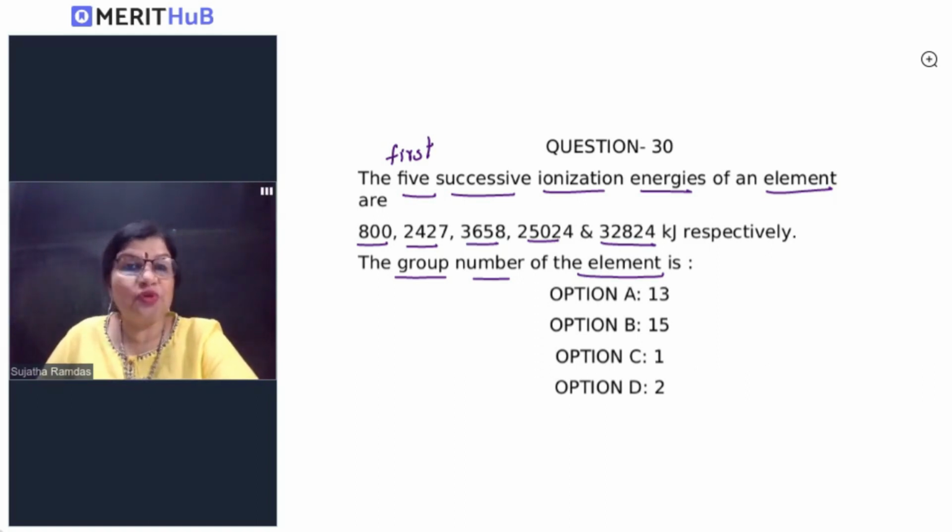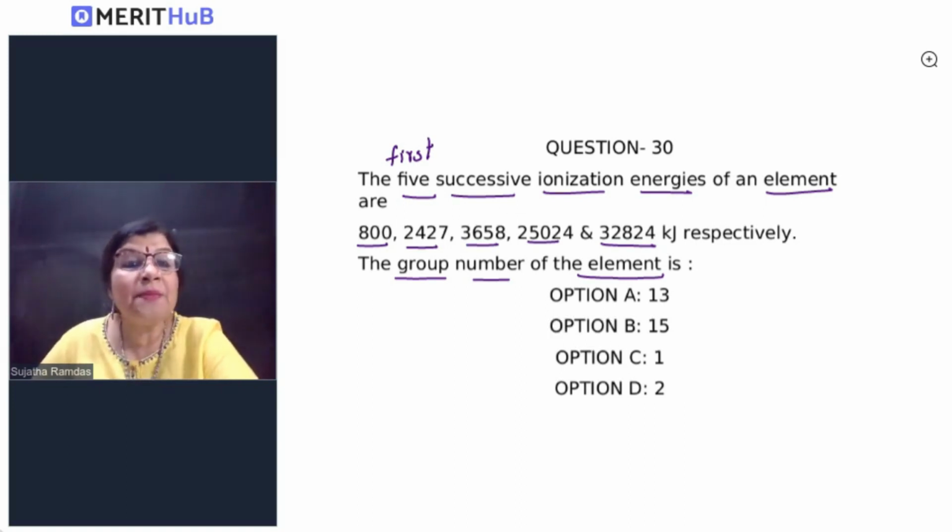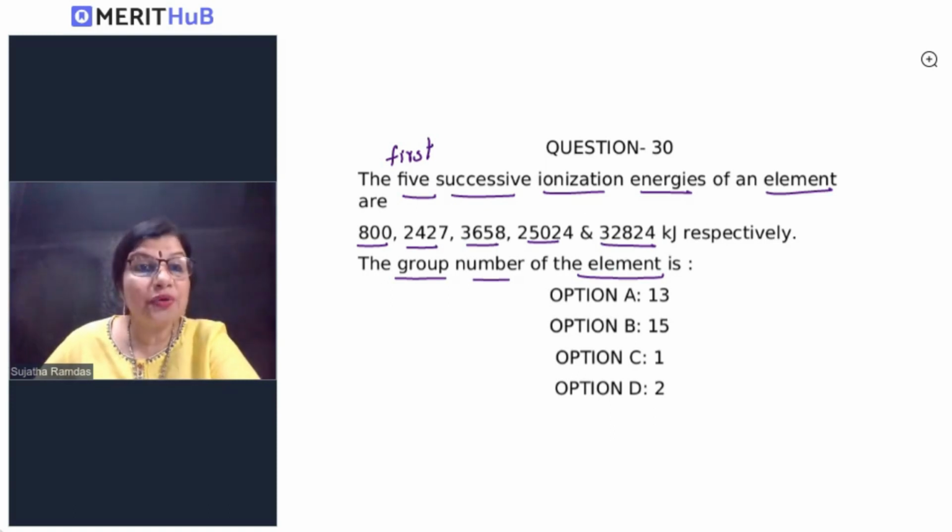First of all, you know that ionization energy is the minimum amount of energy required to remove the most loosely bound electron from an isolated gaseous atom, right? So this involves the removal of electrons from a gaseous atom. And you're aware that electrons are removed one after the other, successively from the outermost shell inwards, closer to the nucleus.